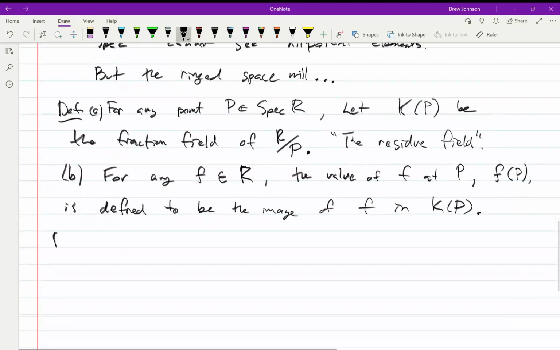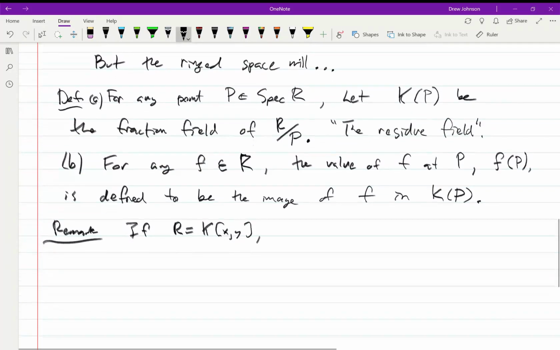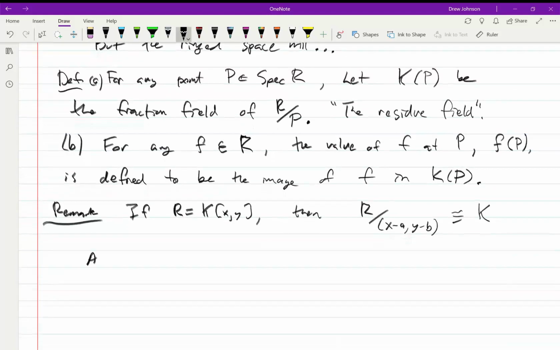Let's just put this remark. If R is a finitely generated K algebra, for example this one, then R mod a maximal ideal, for example a maximal ideal like (x minus a, y minus b), will just be isomorphic to the ground field K. I think that's easy to see.